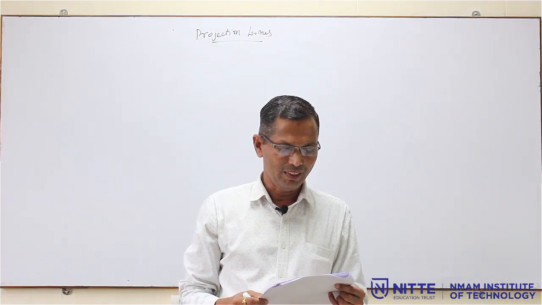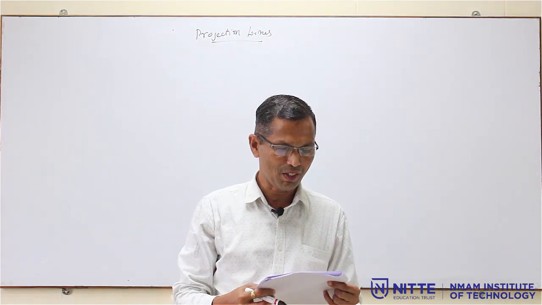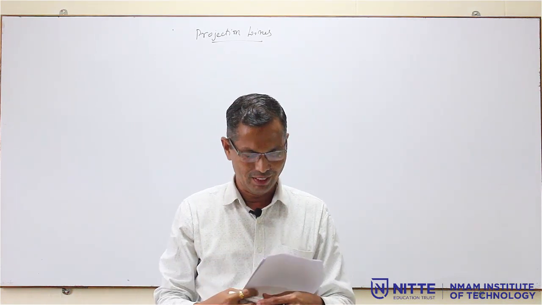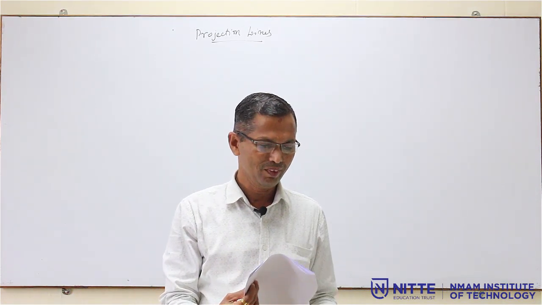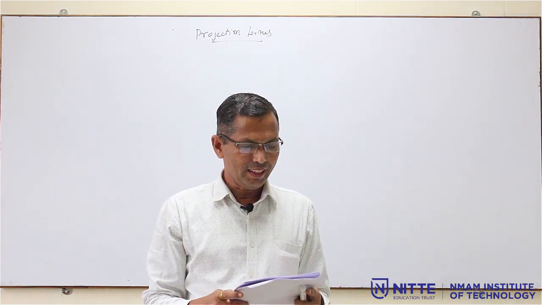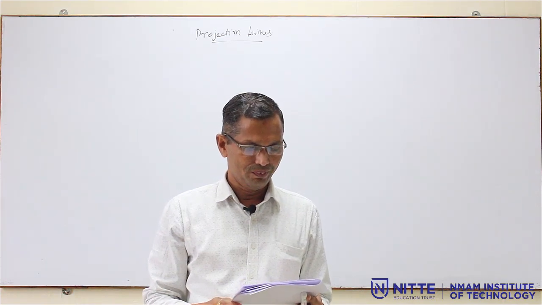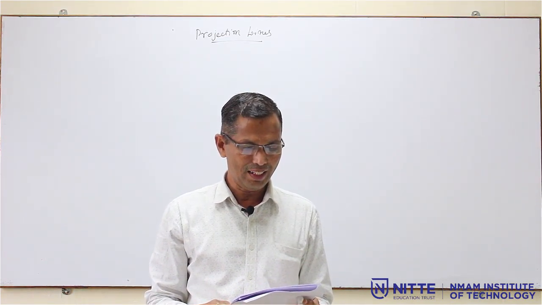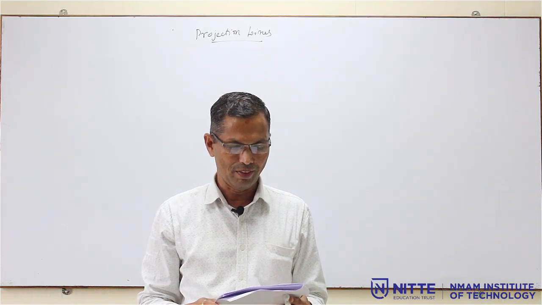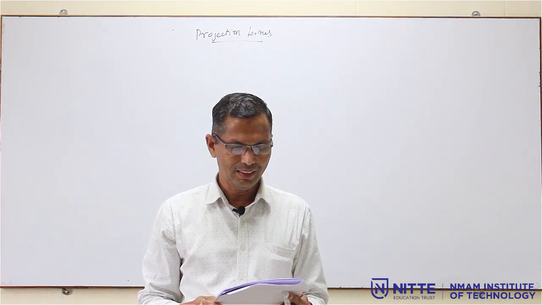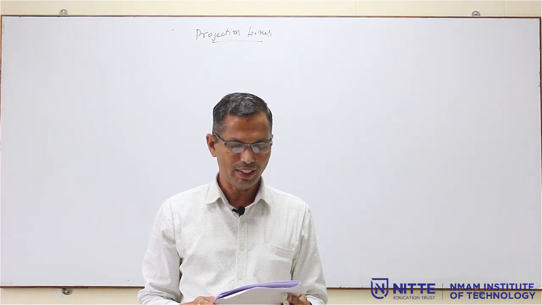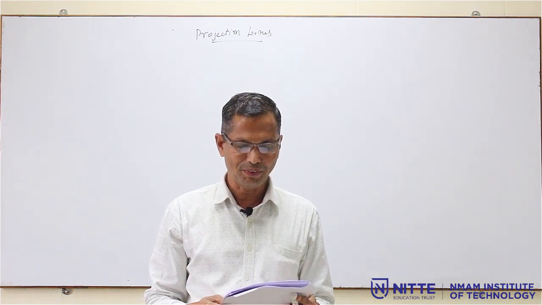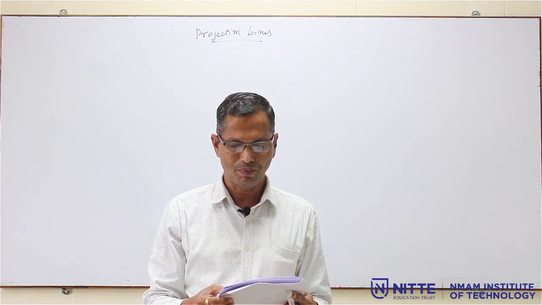So, we will solve the next problem. Problem number 2, that is in the assignment part. A straight line PQ is inclined at 30 degrees to VP and has PQ equal to 40 mm and P dash Q dash equal to 50 mm.